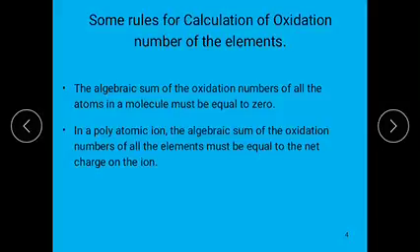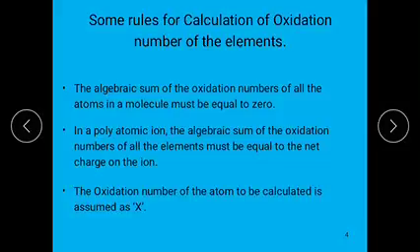In a polyatomic ion, the algebraic sum of the oxidation numbers of all the elements must be equal to the charge on the ion. That is, in the case of ions, the sum of the oxidation numbers of atoms in an ionic state is equal to their total net charge.